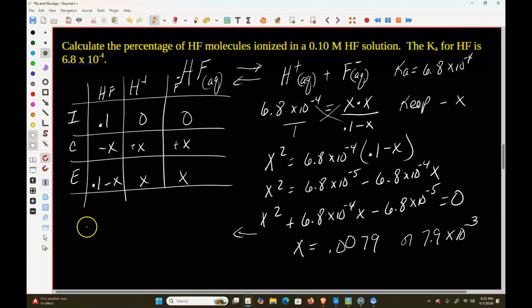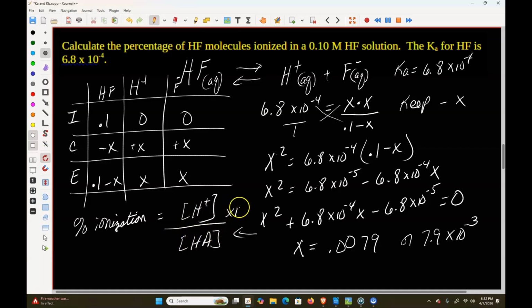So let's calculate the percent ionization. It is equal to the H plus over the HA times 100.